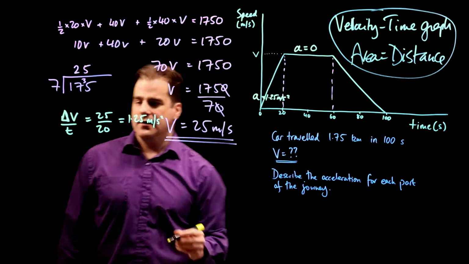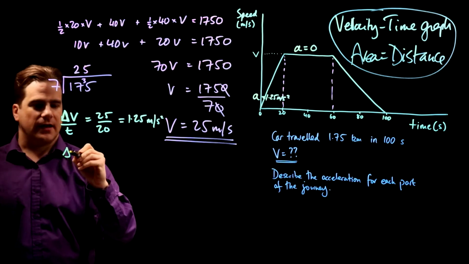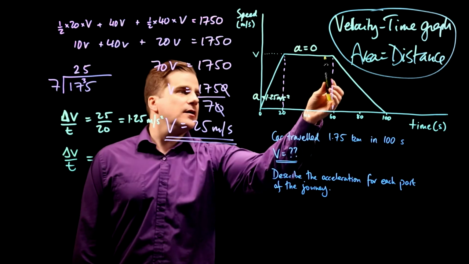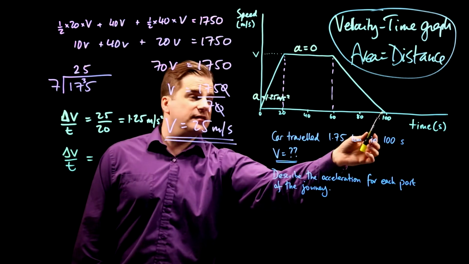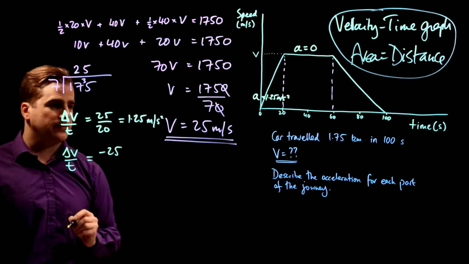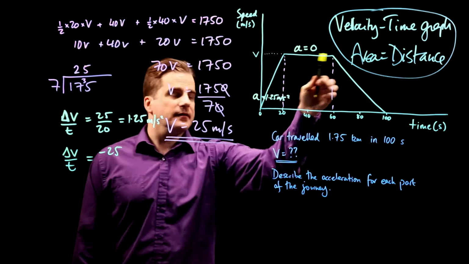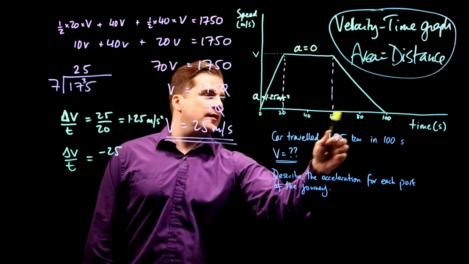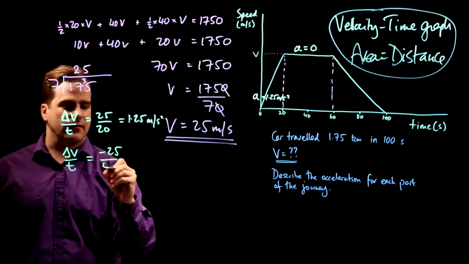For here, the acceleration, again, change in velocity divided by time. Change in velocity is going from 25 to 0. So it's minus 25 meters per second. Okay, it's negative because he's getting slower. It's a deceleration. And the time is 40 seconds, minus 25 over 40.